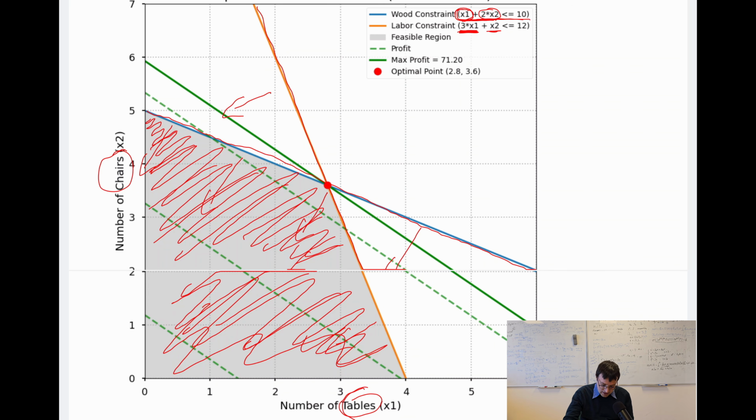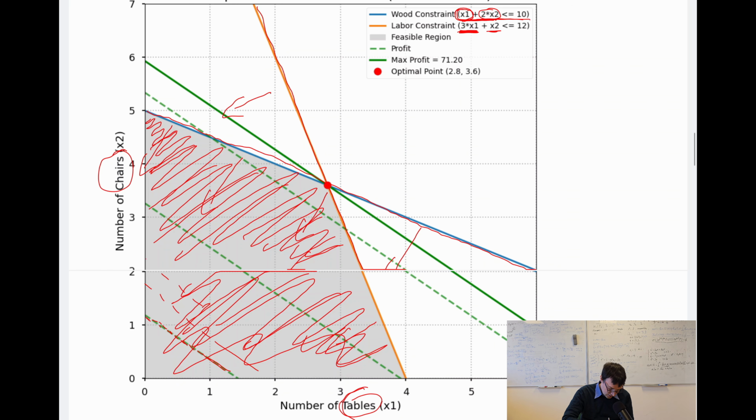Well, we can trace a line that represents the same amount of profit as a function of different numbers of chairs and tables. So if we take the cost function, the objective function, and we plot it for some values, we can get these lines here, okay?